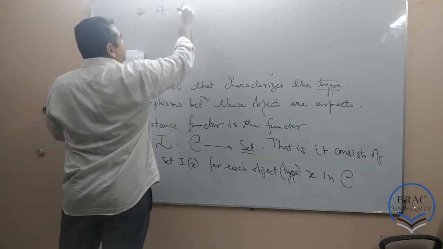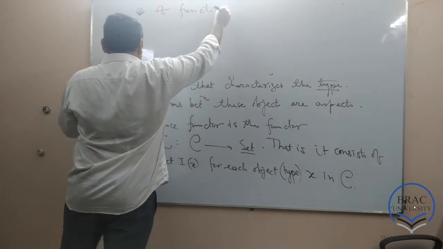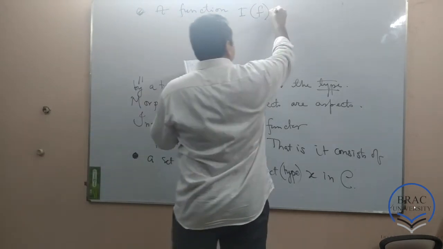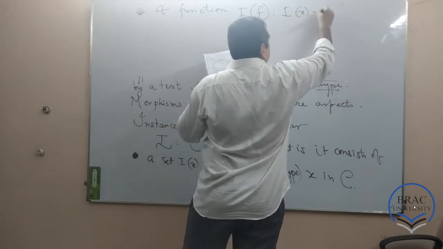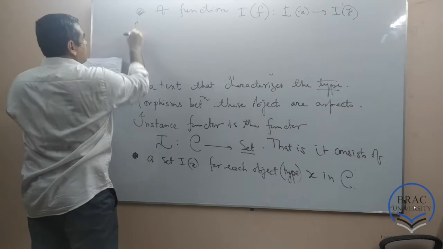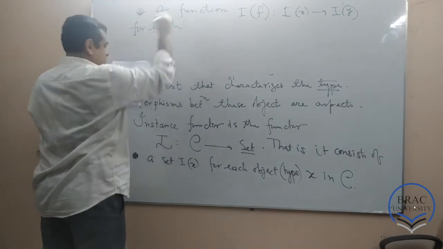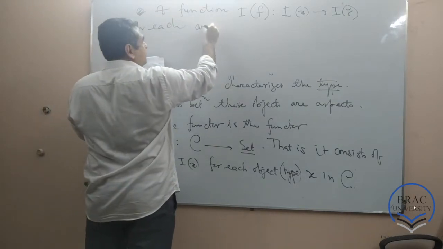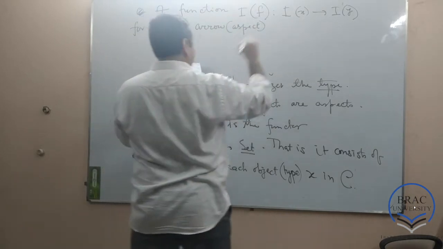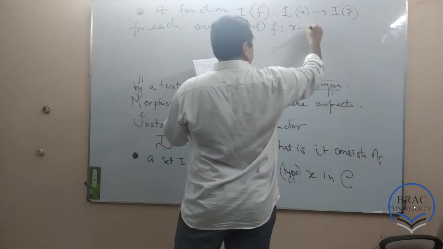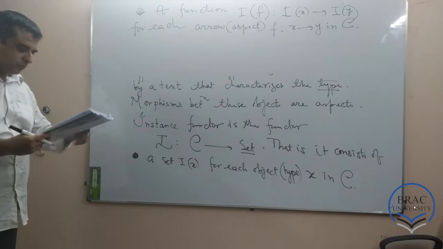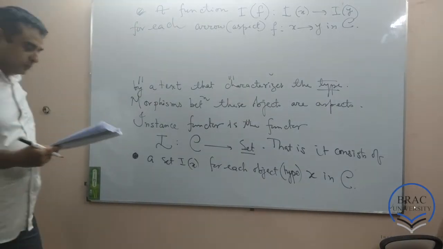A function If from Ix to Iy for each arrow f from x to y in C. Correct?